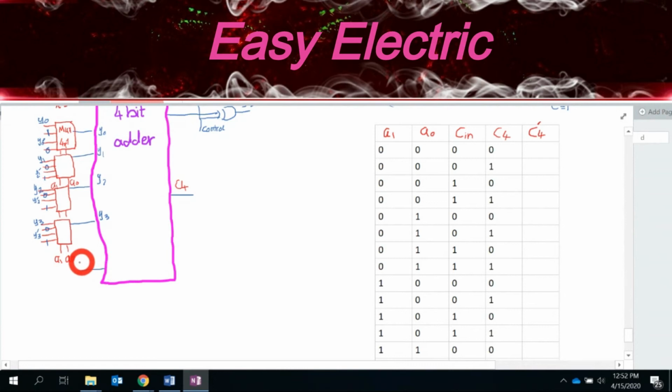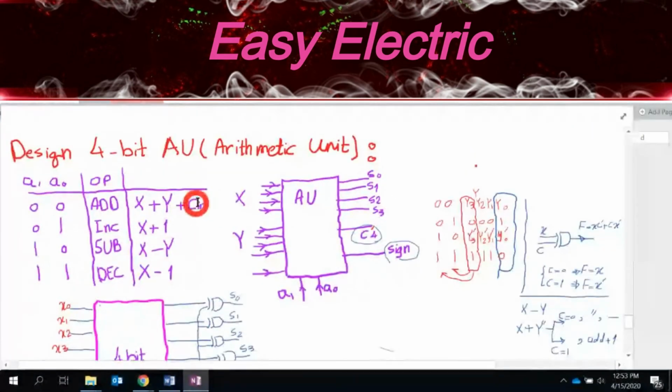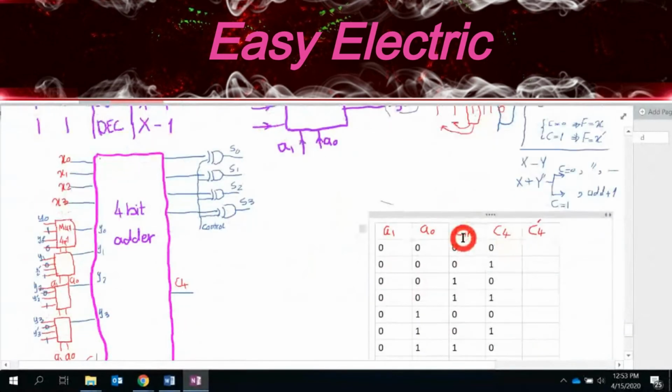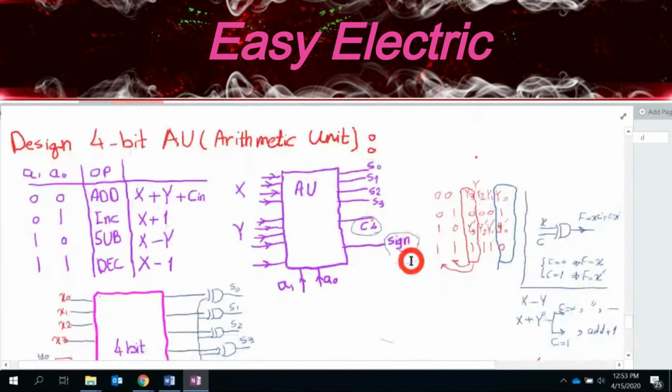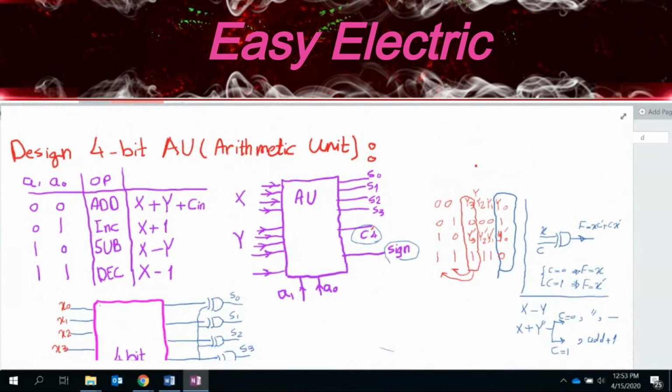So I call that C0, or the C in for the 4-bit adder, okay? Yeah, the C in is whatever we have here, definitely. So I have the C in here. And probably I need to change one other name because C4 and C prime 4 is a little confusing.